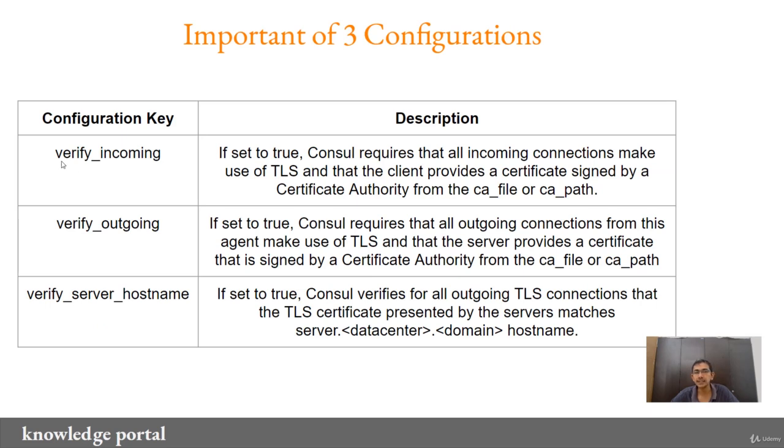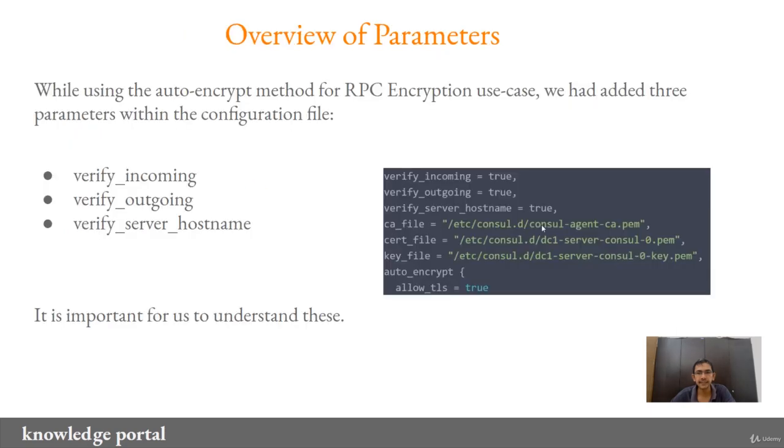So the first one is verify_incoming. If this is set to true, Consul requires that all the incoming connections make use of TLS and that the client provides a certificate signed by the certificate authority from the CA file and the CA path. Here we had specified the certificate authority file.